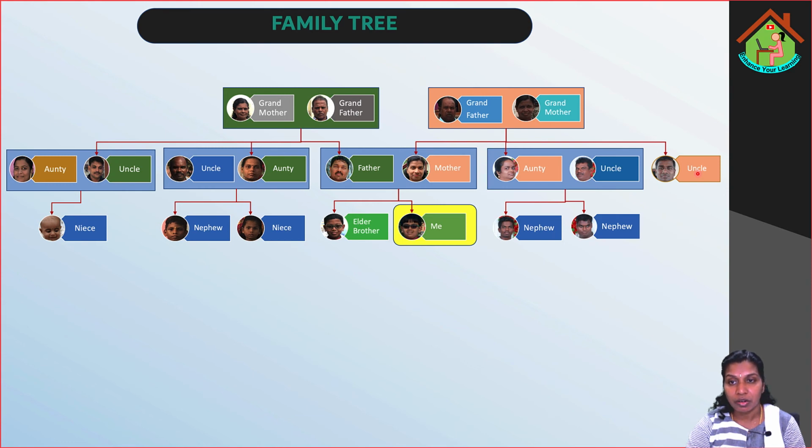So if this is your mother and your mother has one sister and one brother, your mother's sister is your auntie and mother's brother is your uncle and sister's husband is also your uncle.